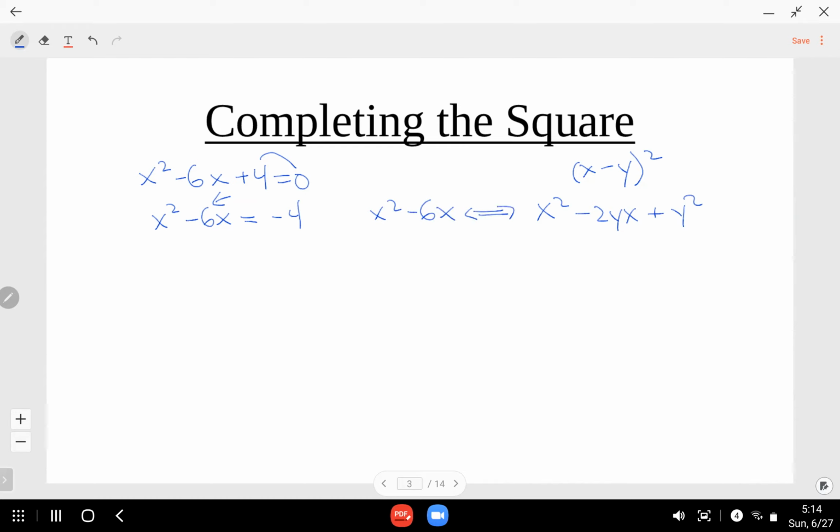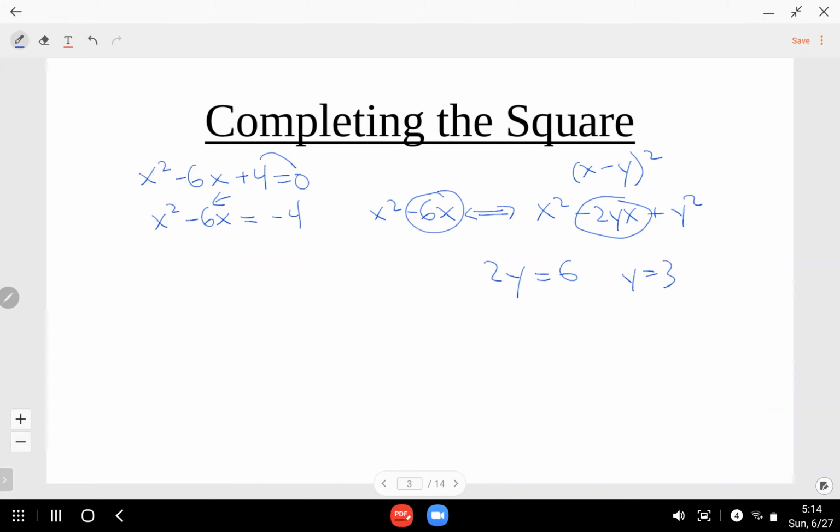So let's first compare negative 2yx to negative 6x. So cancel the x out. Basically, you get negative 2y. No, actually, never mind. It's just 2y equals 6. All right, and then what you get is y equals 3.